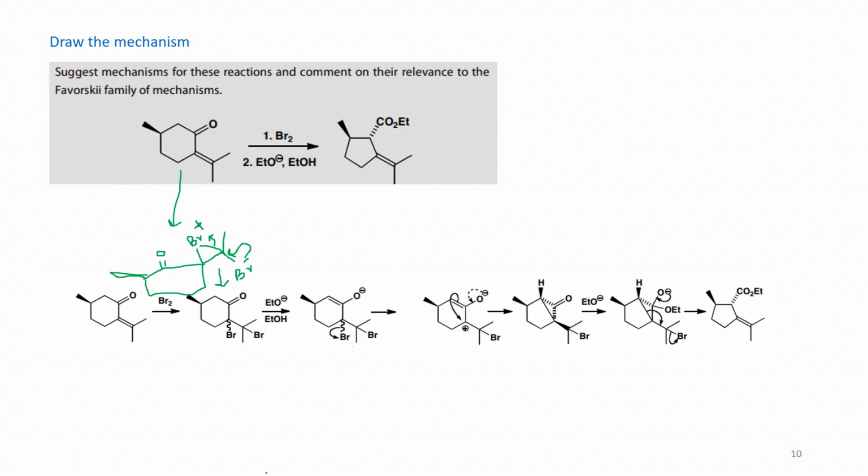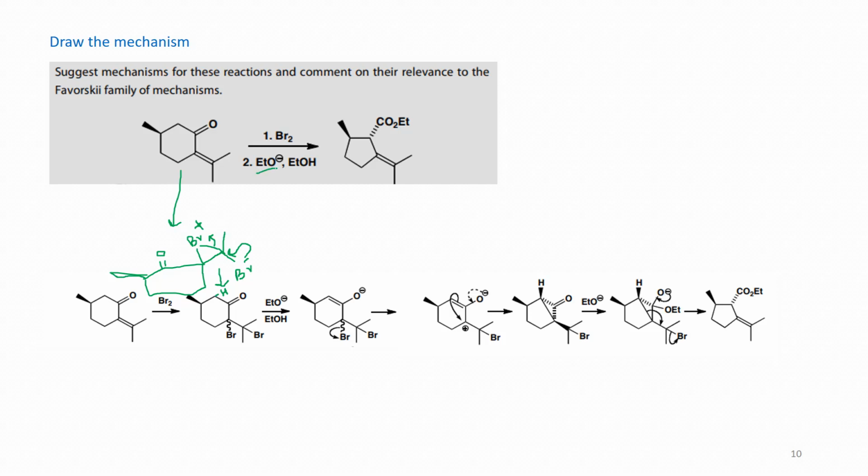Now see, this bromine center is tertiary. After removal, there will be a possibility of carbocation formation. And there is a carbonyl compound with an alpha hydrogen present. In presence of base, what will form?